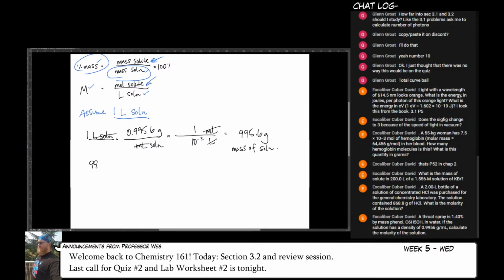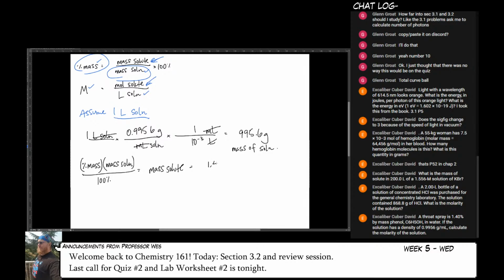So 995.6, oops, hold on. Let's do percent by mass times the mass of the solution divided by 100% equals the mass of the solute, which is what we want. And so what's the percent mass in the problem?